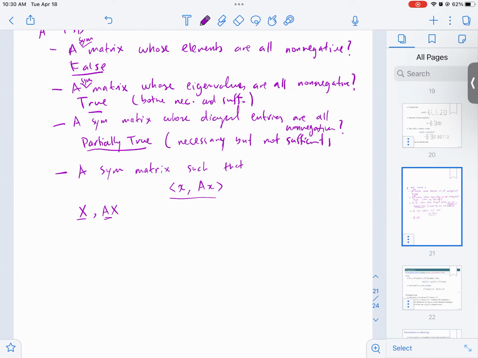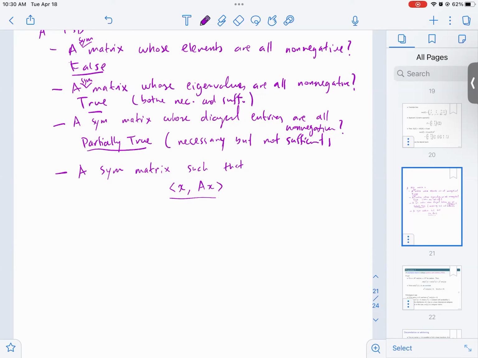Is a symmetric matrix positive semi-definite if you can find a vector x where its components are greater or equal to 0, and you can multiply A with x and x transpose to get... That's close.